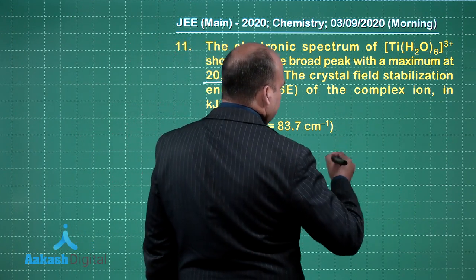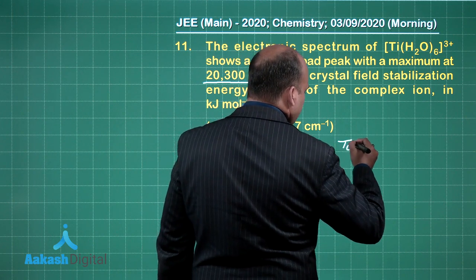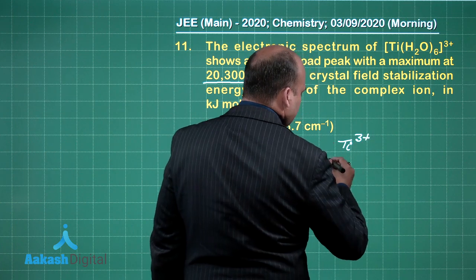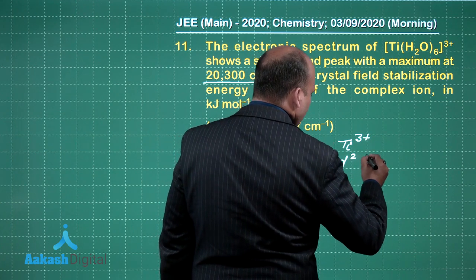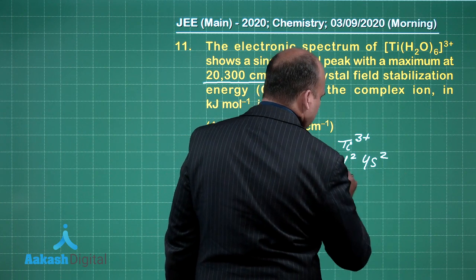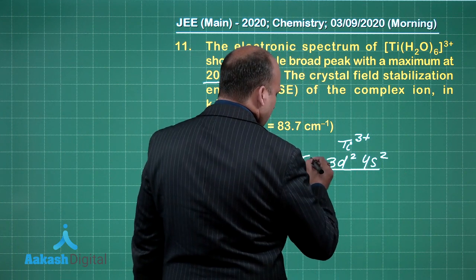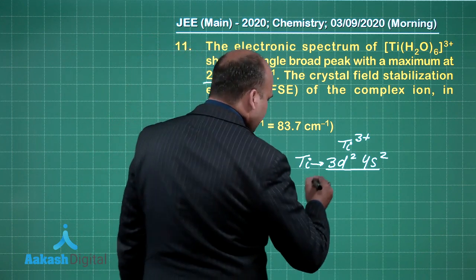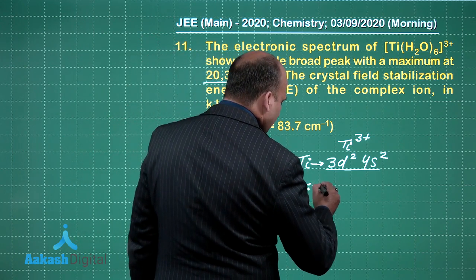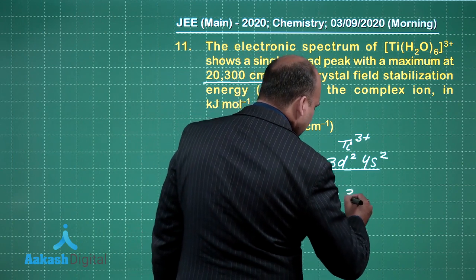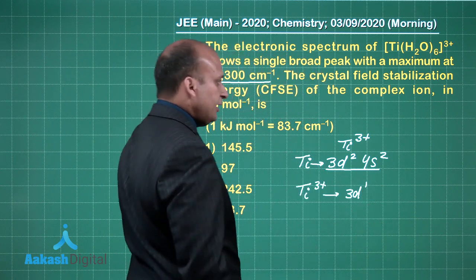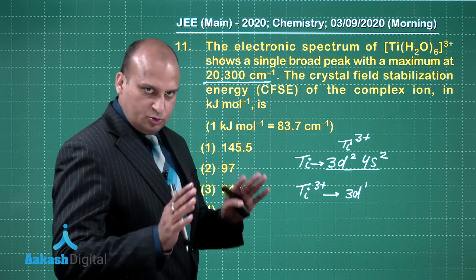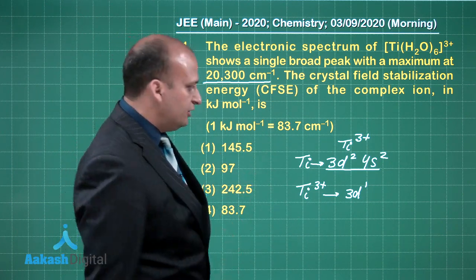Starting with titanium, over here Ti is in 3 plus. What is the electronic configuration? 3d2 4s2 is the electronic configuration for Ti. But what do we require? We require Ti3 plus. So for Ti3 plus, the electronic configuration will be 3d1. Now over here, as you can see, there are 6 ligands, so it will show octahedral crystal field splitting.